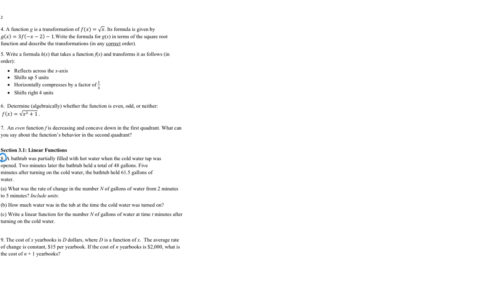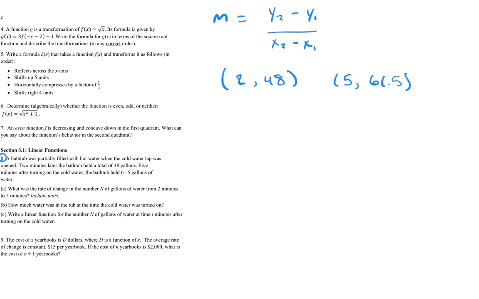So for rate of change, we use our slope formula. So m equals y2 minus y1 over x2 minus x1. Here we have the points. We know that after 2 minutes, we had 48 gallons, and after 5 minutes, we had 61.5 gallons. So we plug these into our formula for m.